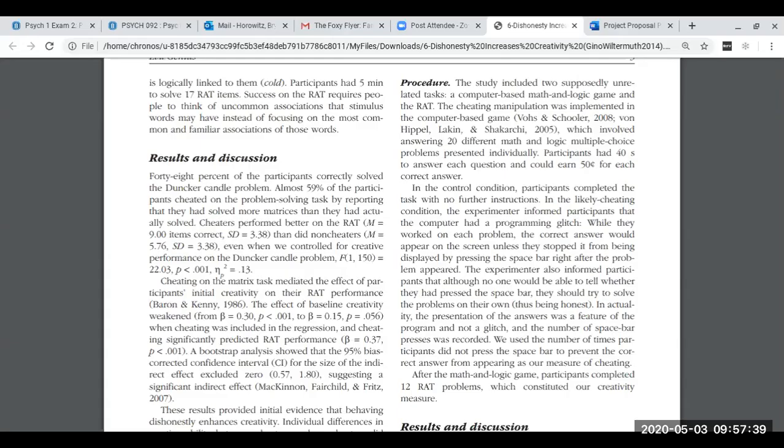So we have cheaters, right, performed better on the RAT than non-cheaters, even when we controlled for creative performance on the Duncker candle problem. Cheating on the matrix task mediated the effect of participants' initial creativity on the RAT performance. The effect of baseline creativity weakened, and now this is a correlation, right?